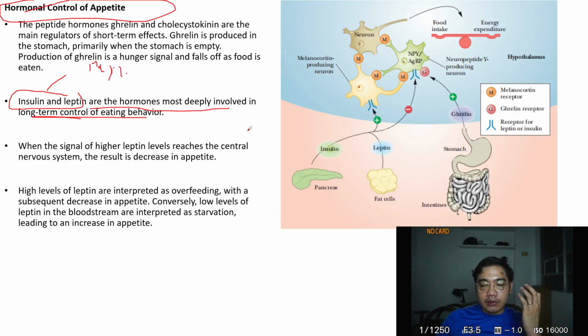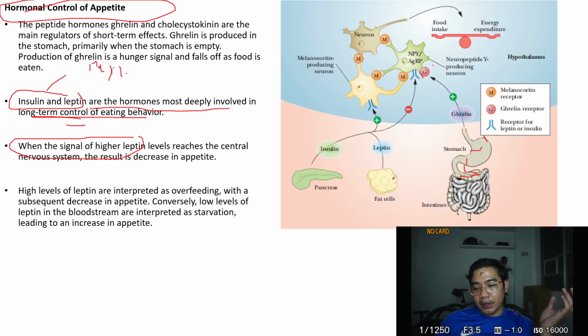If it senses there are lots of sugars in your diet, insulin tends to increase so that glucose enters your cells. At the same time, leptin is also produced when you're full, and it reaches your brain and says, wait, enough.